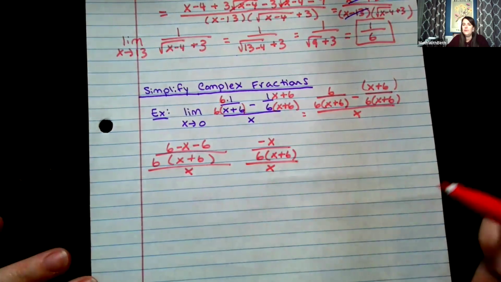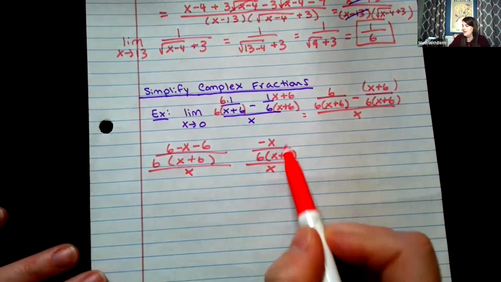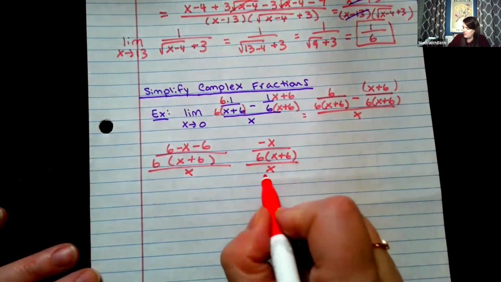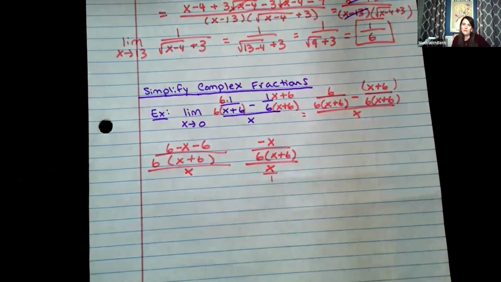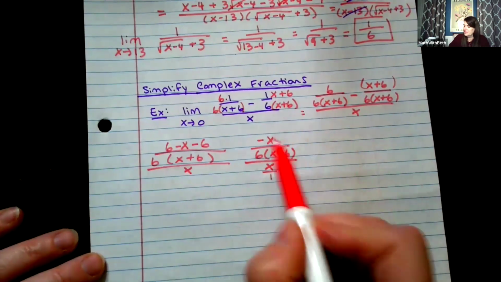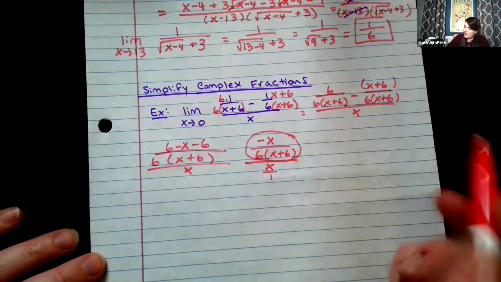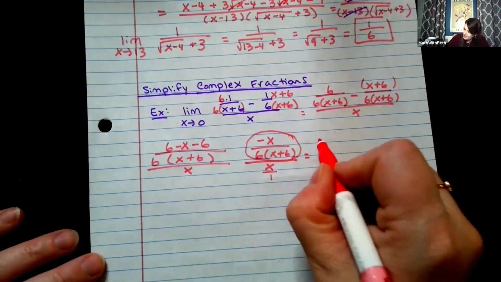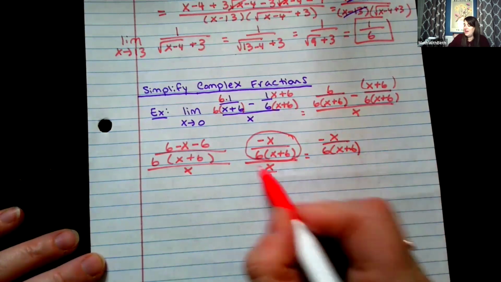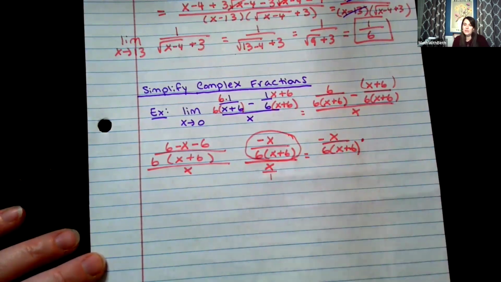But now I can go even further by thinking of this as this top fraction being divided by this bottom one. So if you want, you can consider that x over 1. And the way we divide is keep, change, flip. So we keep the top fraction the same. We change the problem into a multiplication problem.